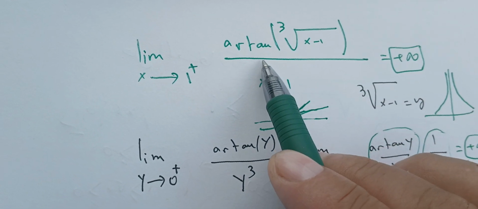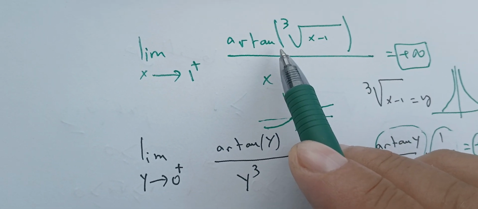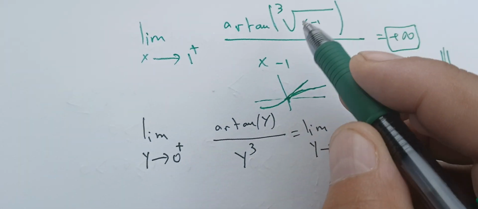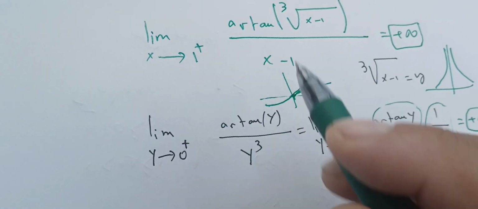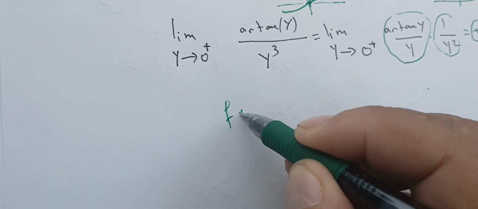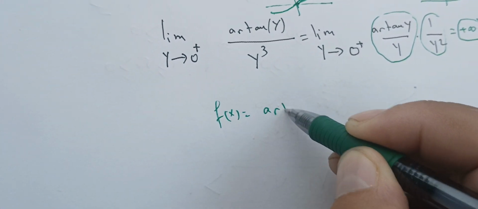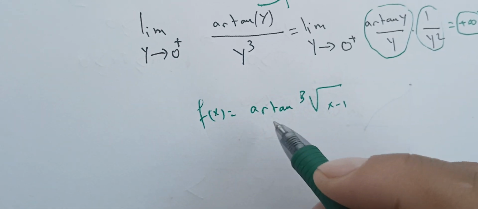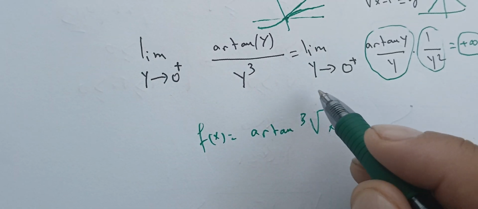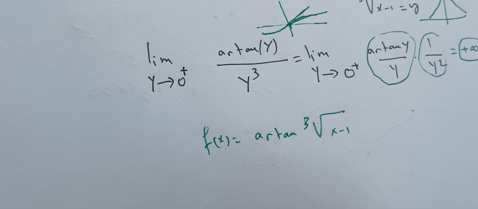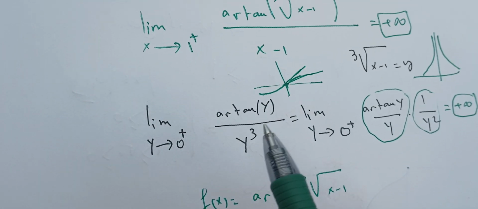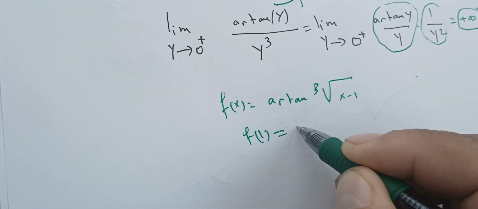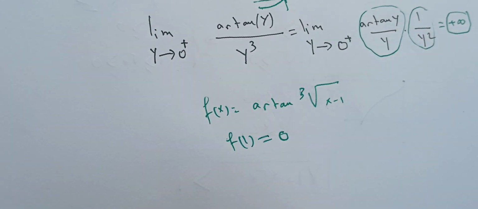Next, we can do this limit using a different approach. Let's call the function f of x, the arctangent of the cubed root of x minus 1. If we want to find the derivative of this function, especially at 1, we see that f of 1 is the arctangent of 0, which is 0.